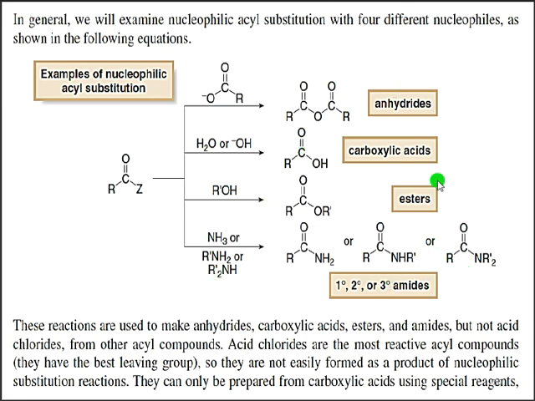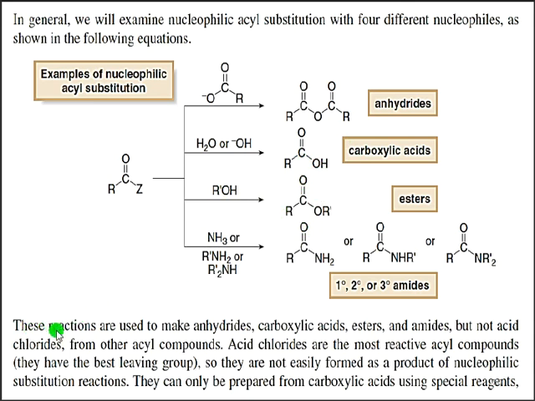Then all of these reactions are to prepare anhydride, carboxylic acid, ester, and amide, not to prepare the acid chloride. Why? Because we say the acid chloride is the more reactive carboxylic acid derivative. It is not easy to prepare it from the less reactive carboxylic acid derivative.